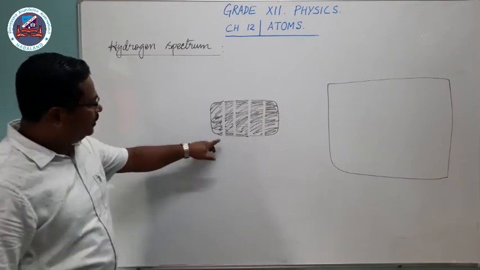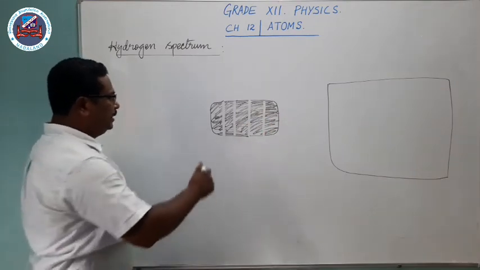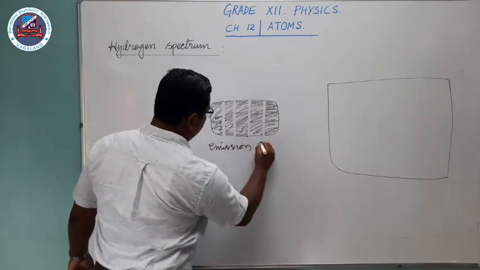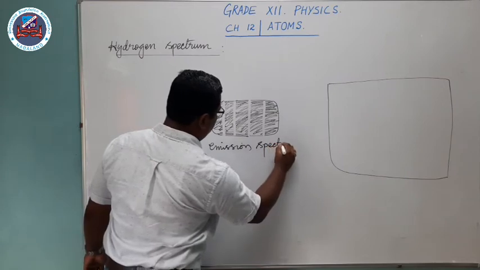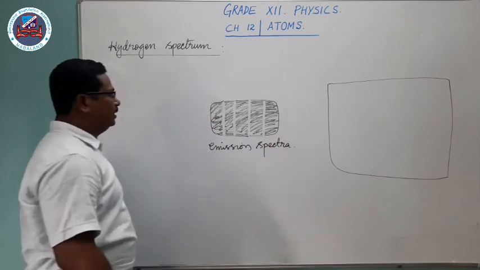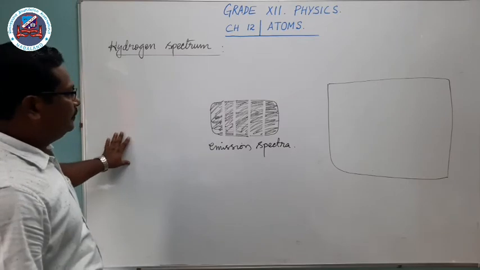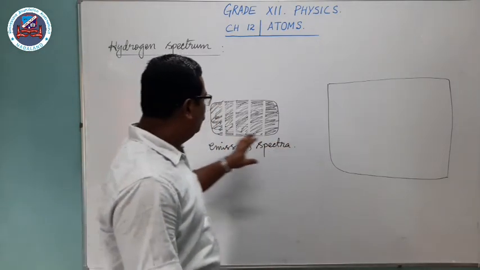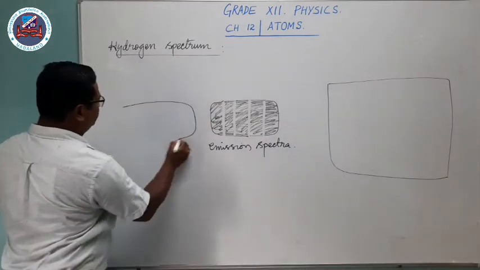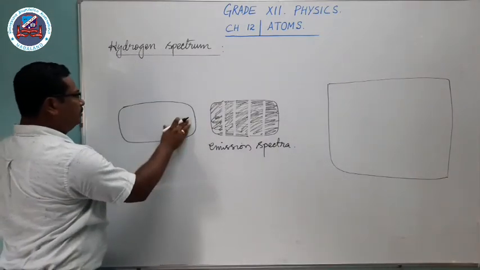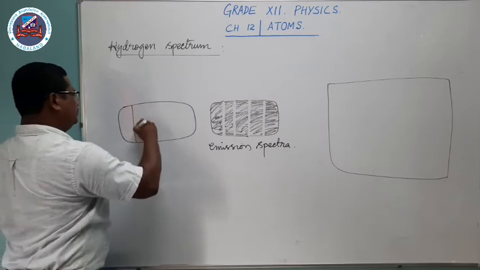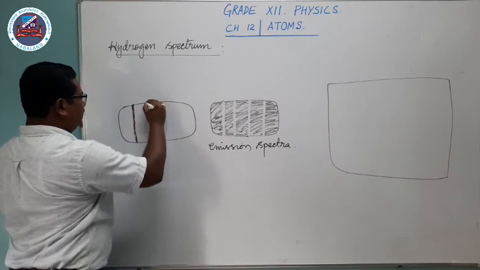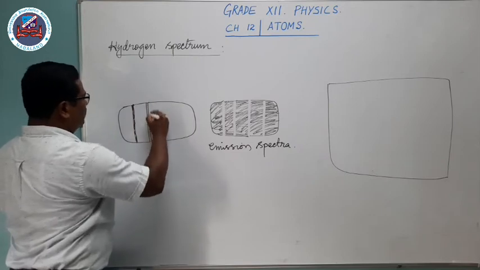This type of spectra we call emission spectra, or spectrum of hydrogen. And in absorption spectra, you'll see dark patches in a white background, that we call absorption spectrum.